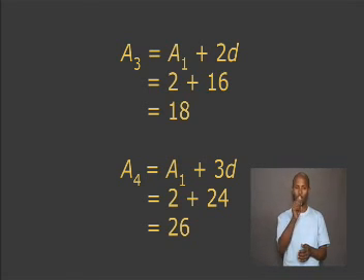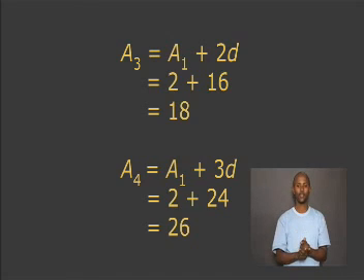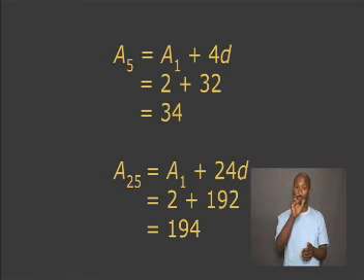A4 equals A1 plus 3D. This is 2 plus 24, which equals 26. A5 equals A1 plus 4D. This is 2 plus 32, which equals 34.